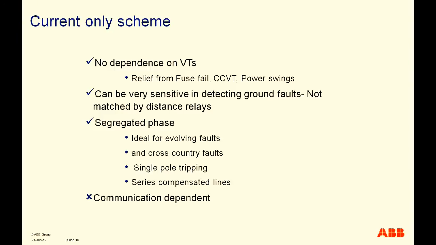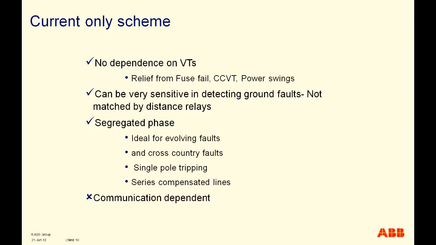The only disadvantage of line differential protection scheme is the communication part of it. If we lose communication for some reason, then we will lose the line differential protection, and we'll have to fall back on some other types of protections like distance protection, or in some cases just overcurrent or feeder protection.